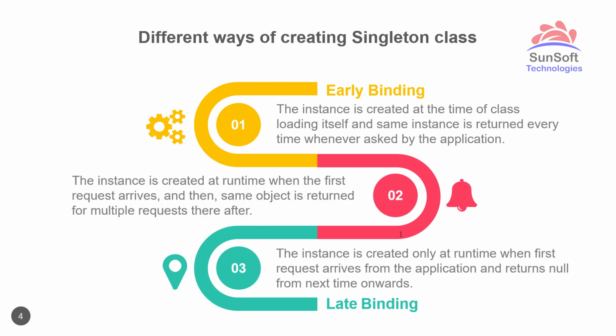These kinds of instances are helpful in scenarios where you want to generate the object only once and make it available, but later on it should not be available.